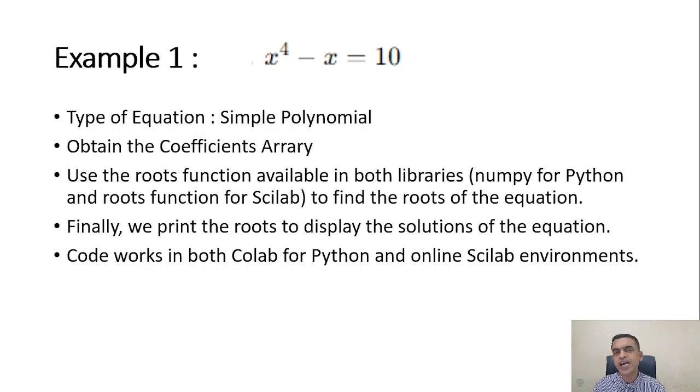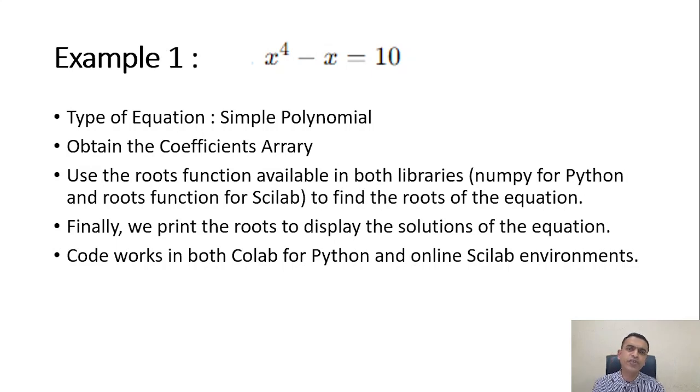But when we have an equation where there is a sine, cos, or some trigonometry as a part of the equation, then we will be using the fsolve function in both Python and Scilab. Again, here the power of x is 4, so we are going to have 4 roots, either real or complex. Okay, so here is the first problem.